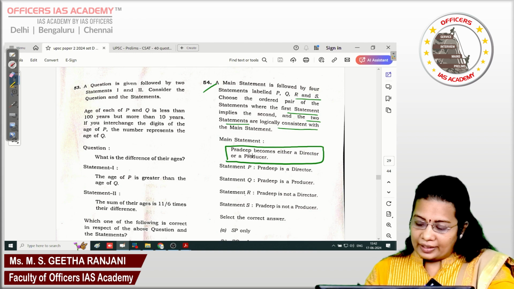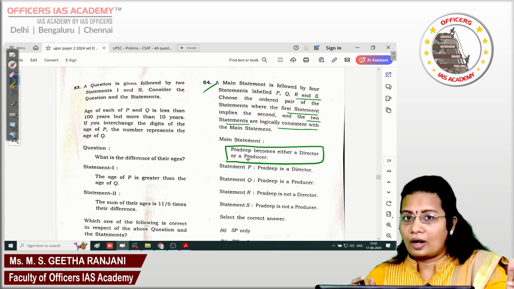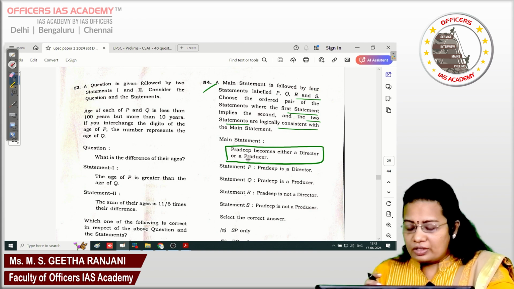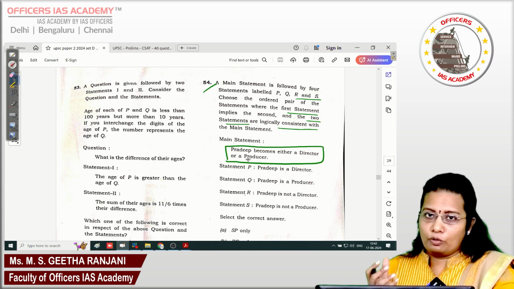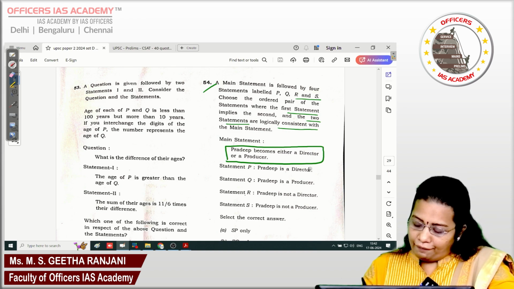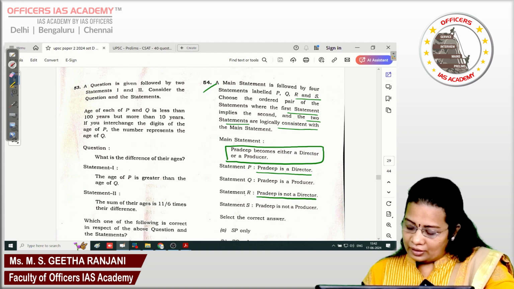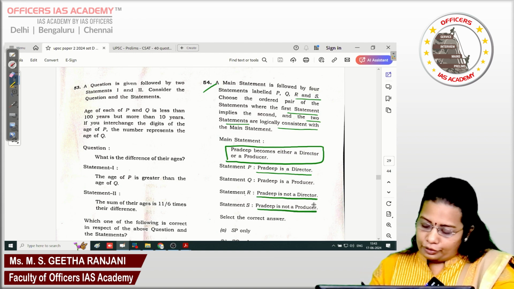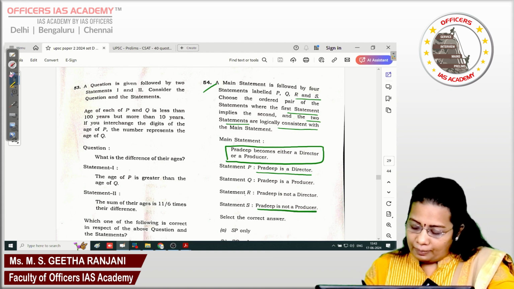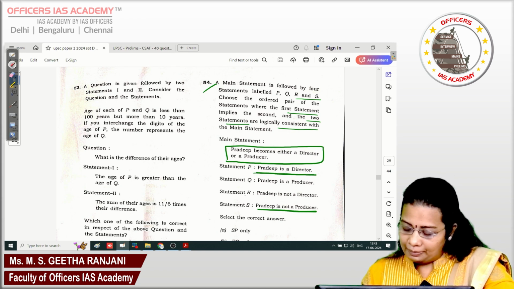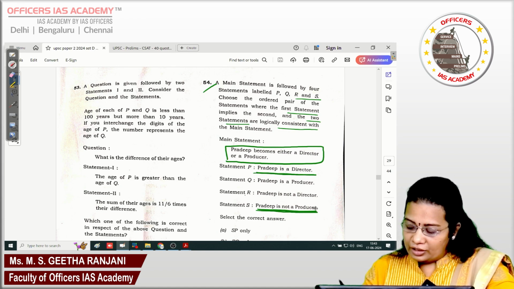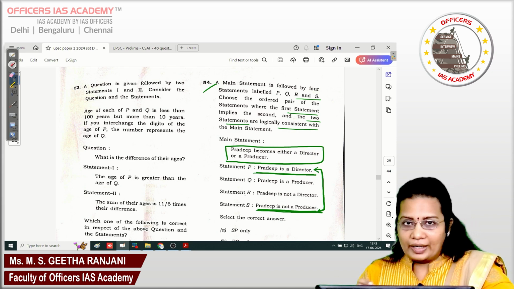Pradeep becomes either a director or a producer. So which statement or statements are supporting the terms? If Pradeep is the director, Pradeep is not a producer. These 2 statements support the either-or pattern.